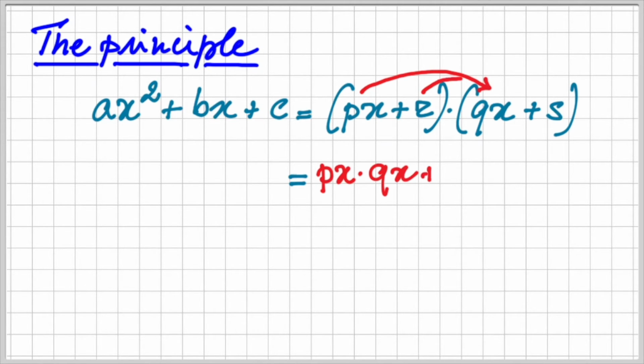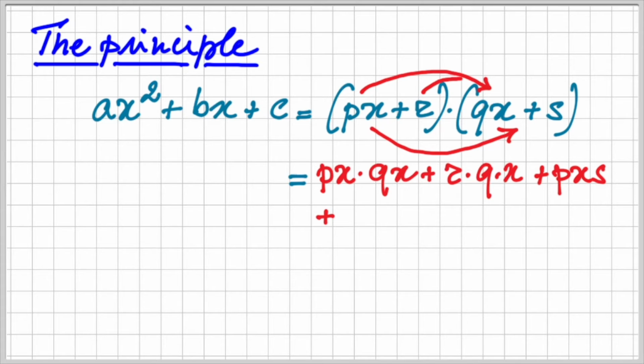Then we multiply r with qx. Then we multiply px with s and r with s. So basically we find the first expansion, which is px times qx plus rqx plus pxs plus rs.